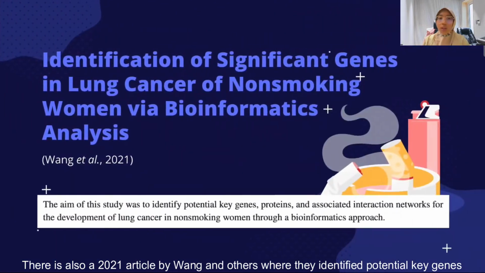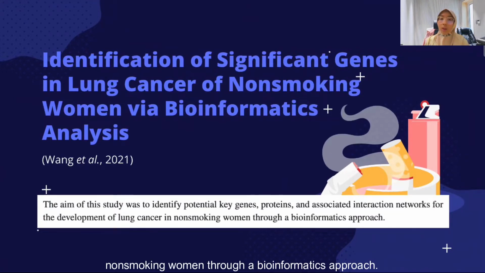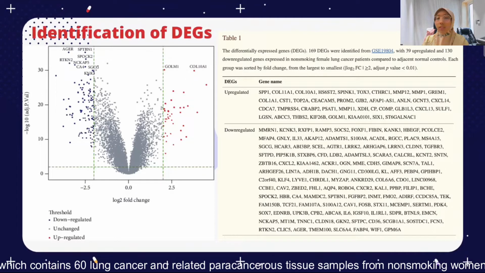There is also a 2021 article by Wang and others where they identify potential key genes, proteins, and associated interaction networks for the development of lung cancer in non-smoking women through a bioinformatics approach. They carried out the research using the GSE1980 dataset, which contains 60 lung cancer and related paracancer tissue samples from non-smoking women.